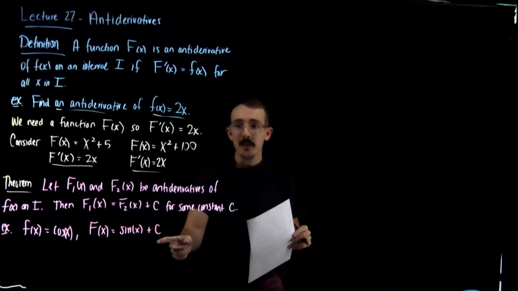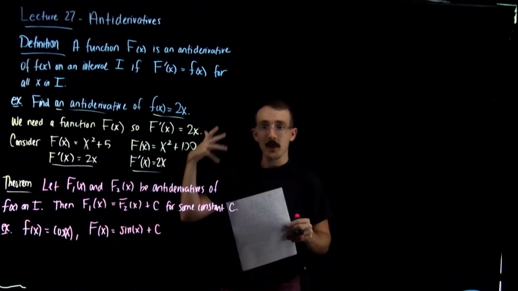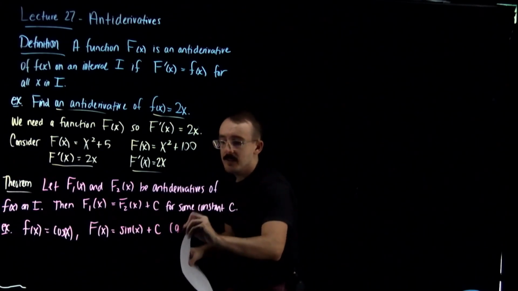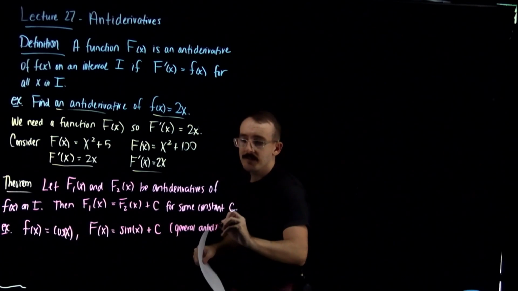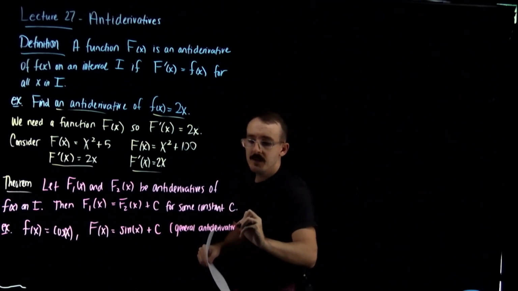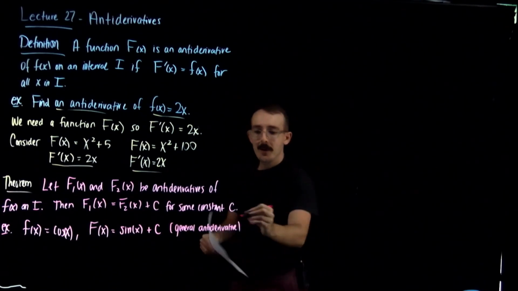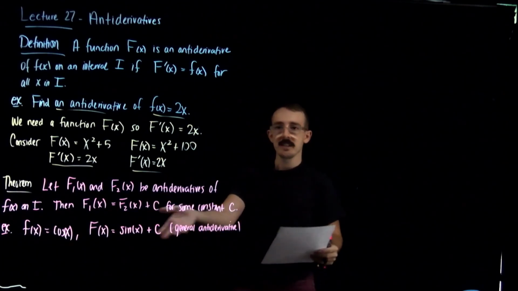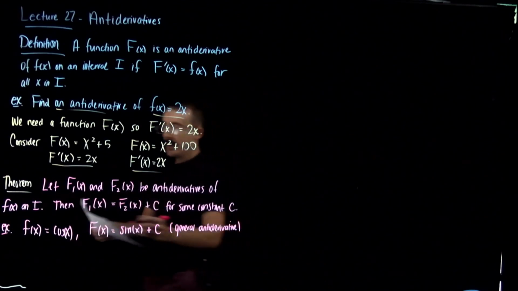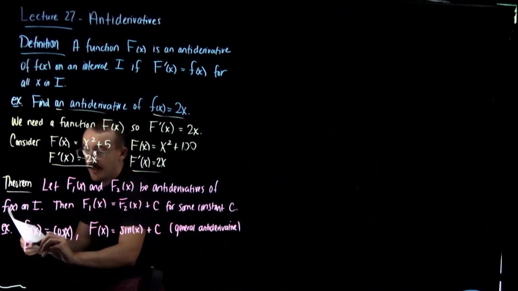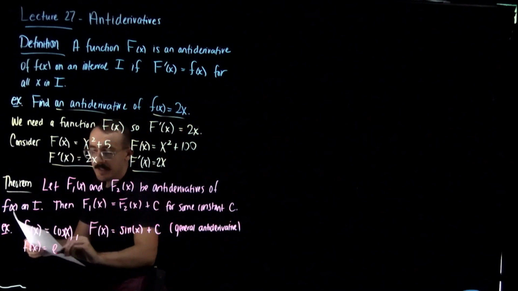So we just put a plus C here to represent that constant when we're going backwards. And this, we just call this the general antiderivative. So you're going to need to remember to put that plus C when you're dealing with antiderivatives, and it's just the general one. All right, let's go through some more examples here. So how about if lowercase f is equal to e to the x?